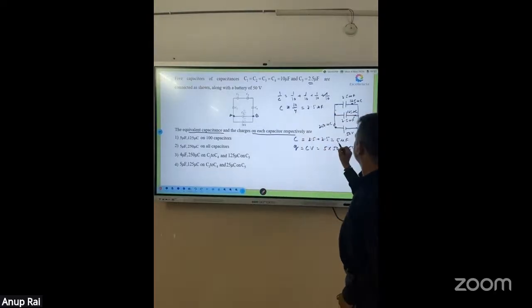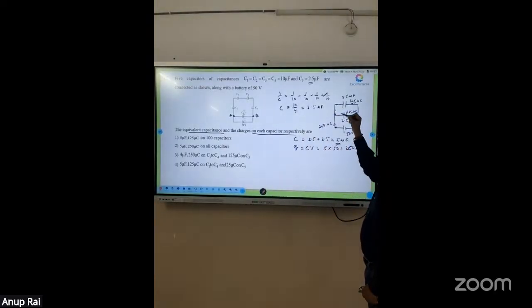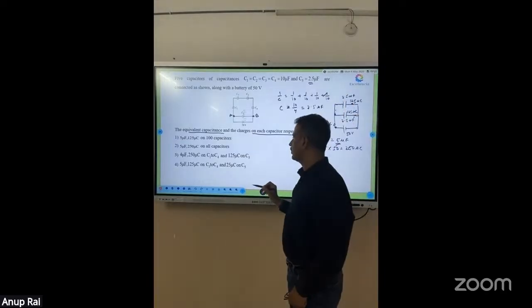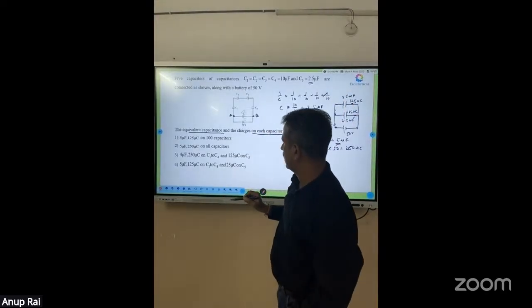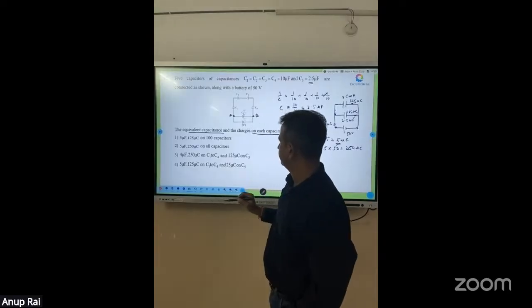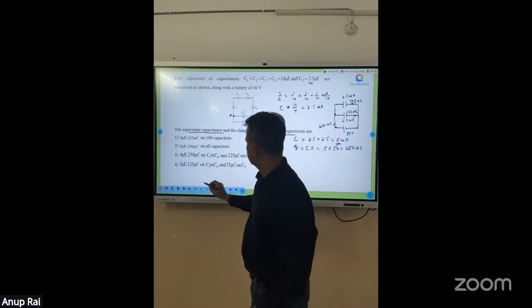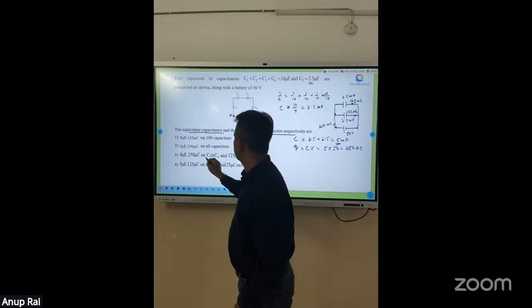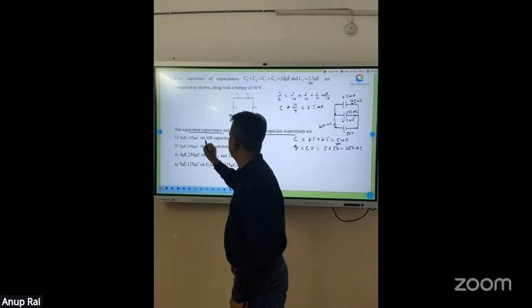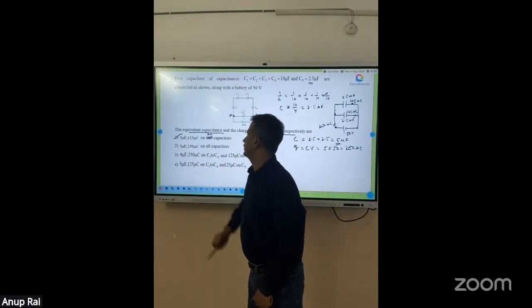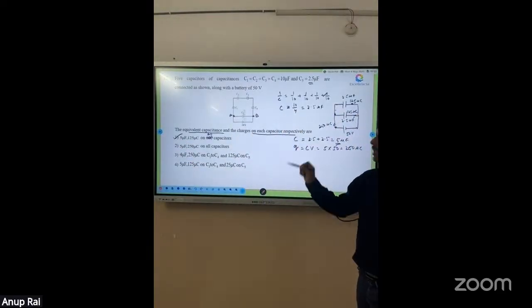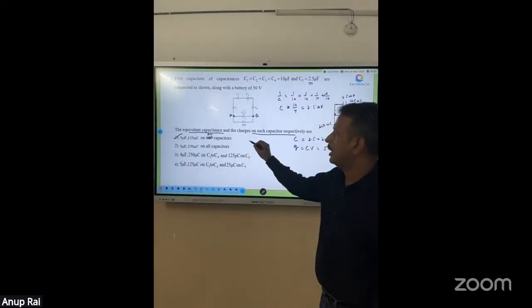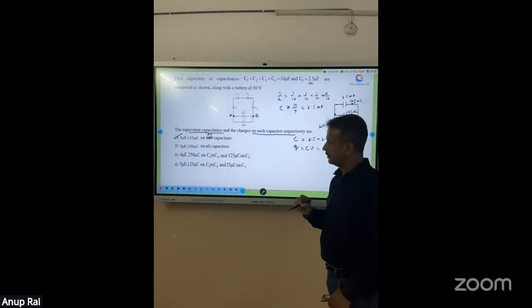So the equivalent capacitance is 5, and the charge on each of these capacitors is 125. Here it looks like there is some slip in the options, on all capacitors. So the answer is C equivalent 5 microfarad and 125 microcoulomb on each.